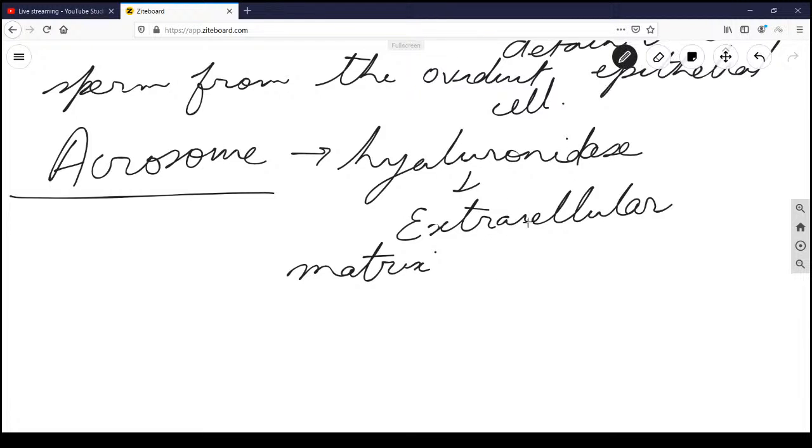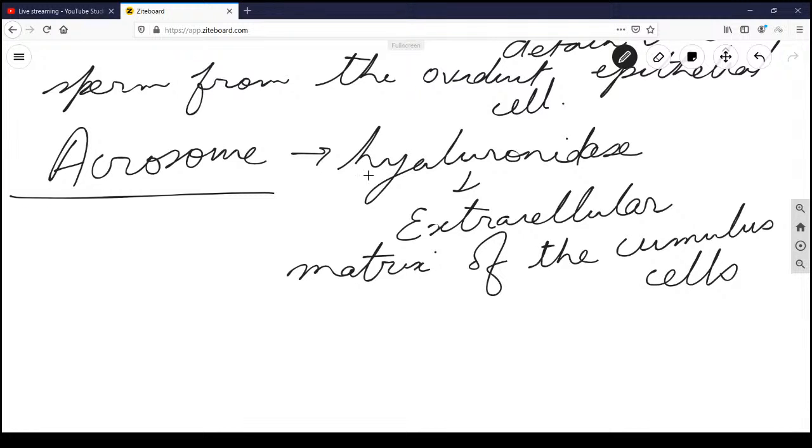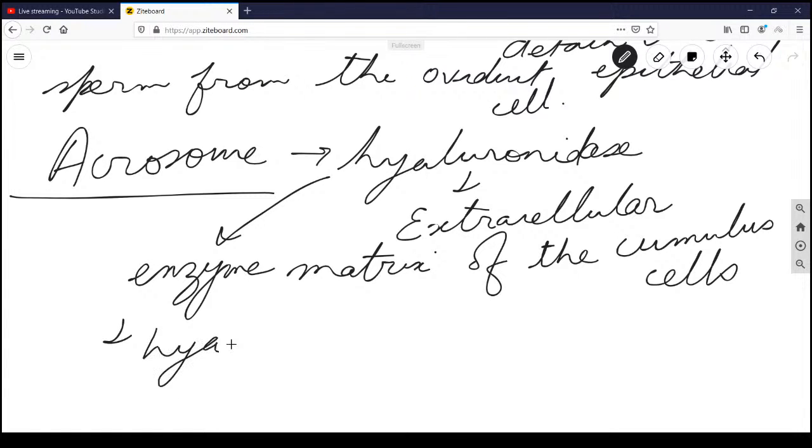These are the cells just outside the zona pellucida covering the oocyte, or the ovum: the cumulus cells. Now hyaluronidase is a specific enzyme which will digest hyaluronic acid.